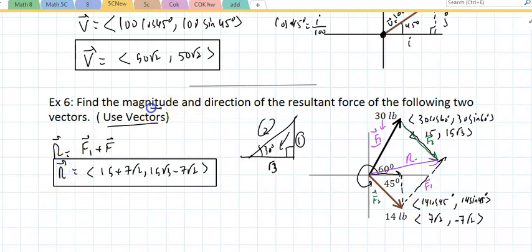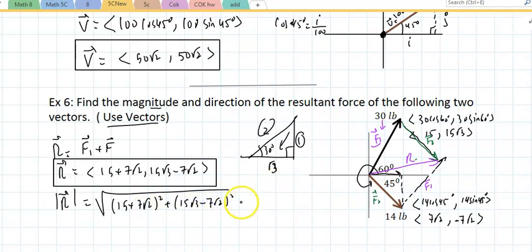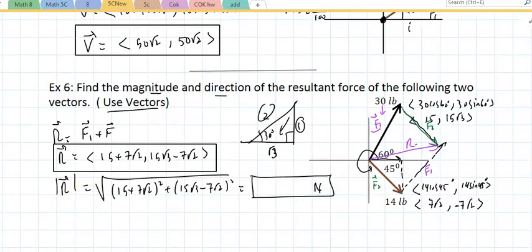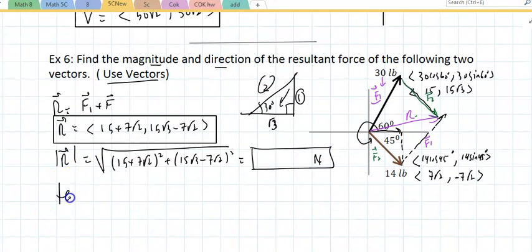And if you want to find the magnitude, well, that's easy. If I have a vector, I know how to find the magnitude. That's the square root of the i component squared plus the j component squared. And that would be in newtons. And if I want to find the direction, well, if I have a vector, I know how this works. I take the tan of theta, right?